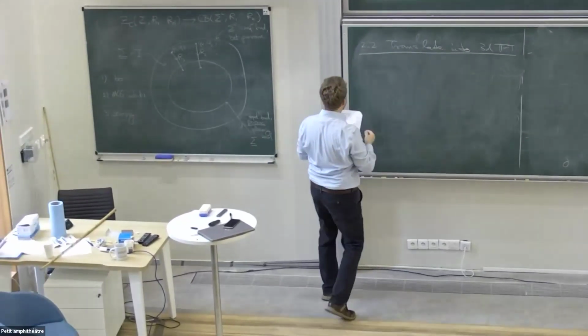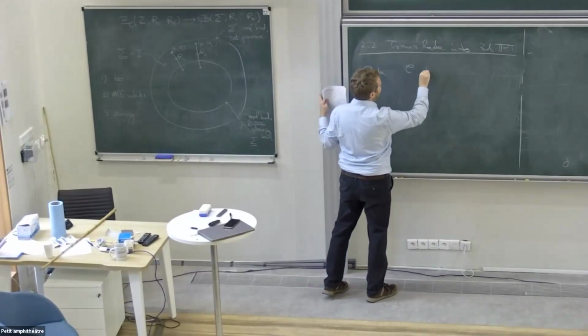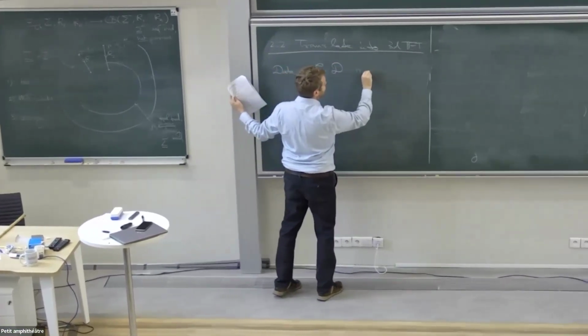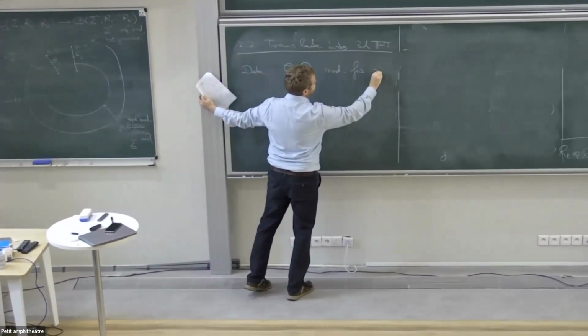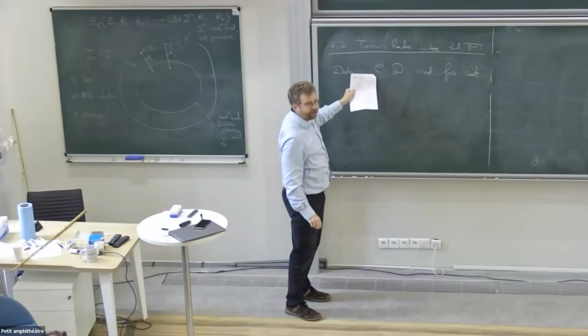And so what's the setting in TFT? What's my data? C and D are modular fusion categories. And then I think of this as representations of V, right?